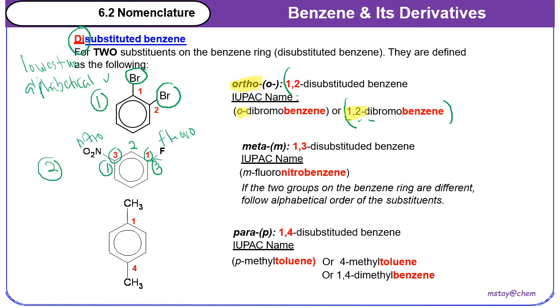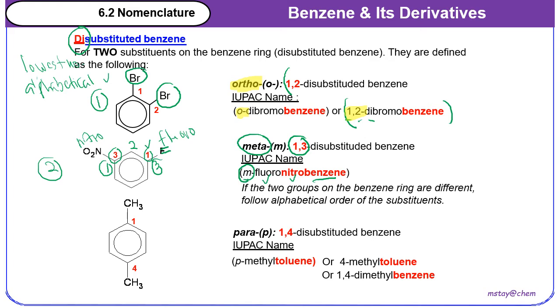In this case, we give the lowest number, following the alphabetical order, so it becomes fluoro-nitrobenzene. The position 1, 3 can be simplified using M, which is known as meta.